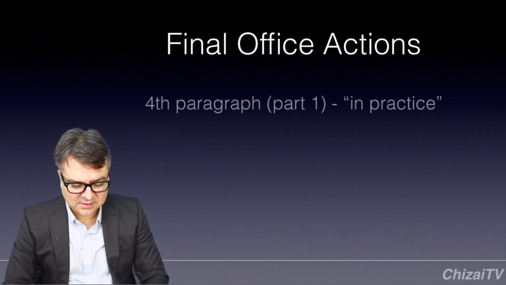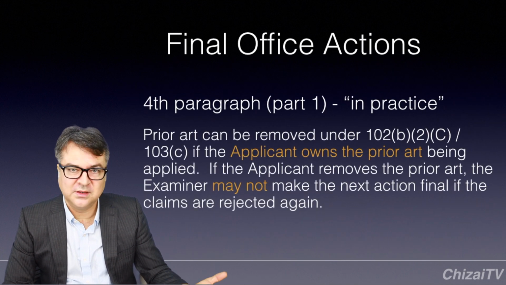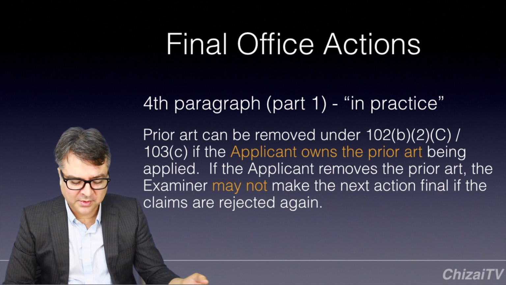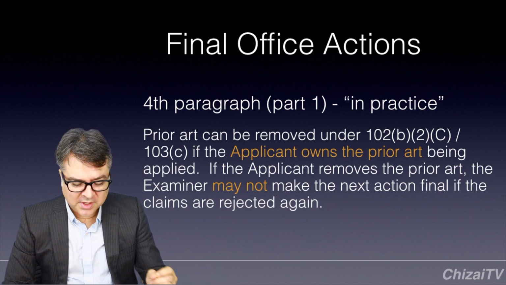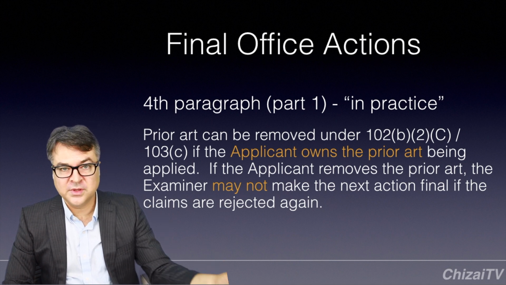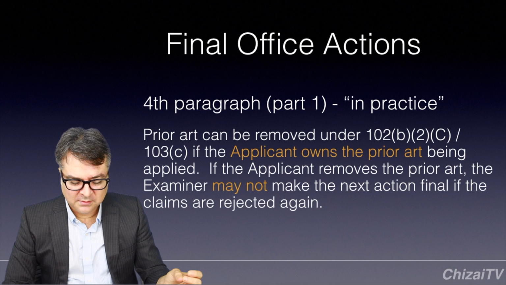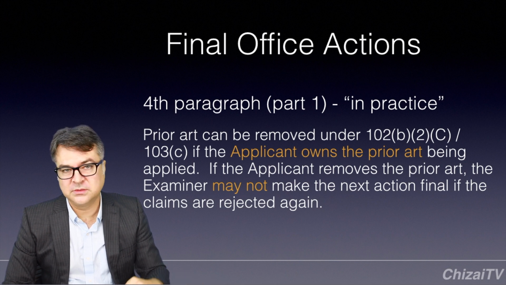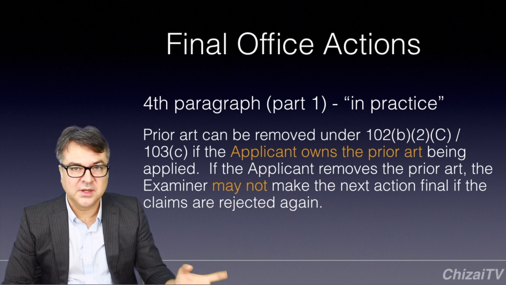So in practice, what does this mean as a practical matter? For example, prior art can be removed under 102(b)(2)(C) or 103(c) if the applicant owns the prior art. If the applicant removes that prior art by filing the statement that it's commonly owned, the examiner may not make the next action final if the claims are rejected again, if the examiner makes another rejection.